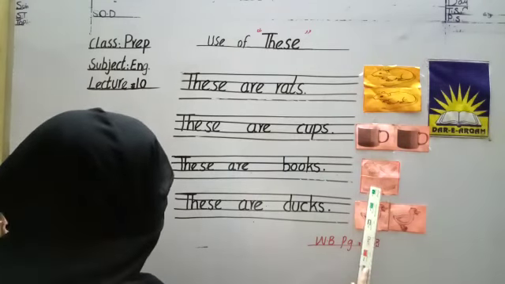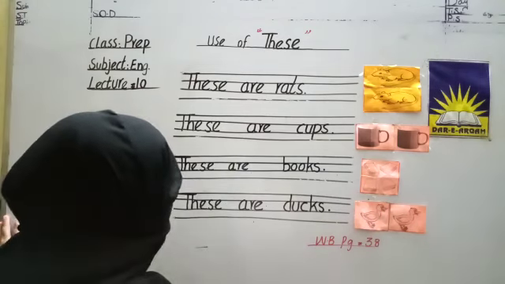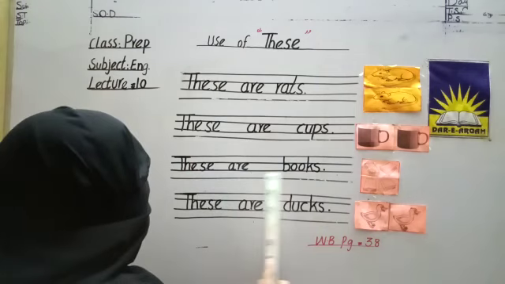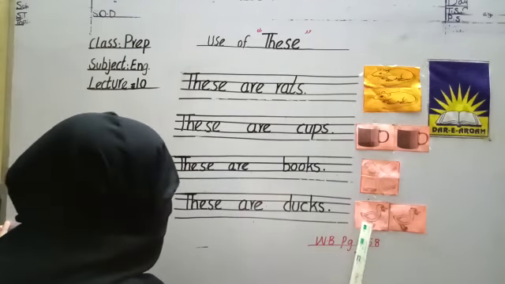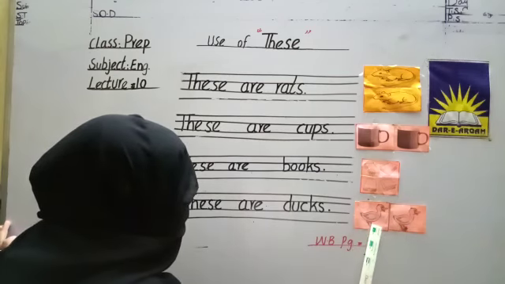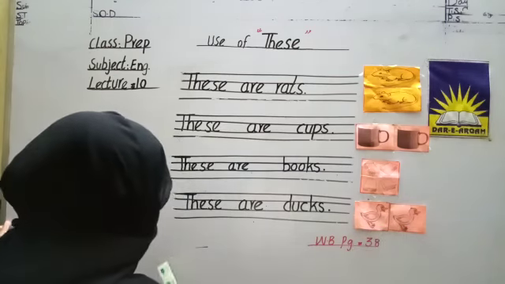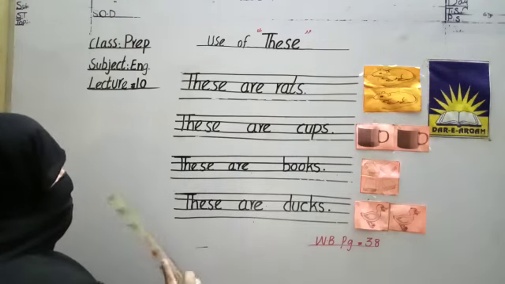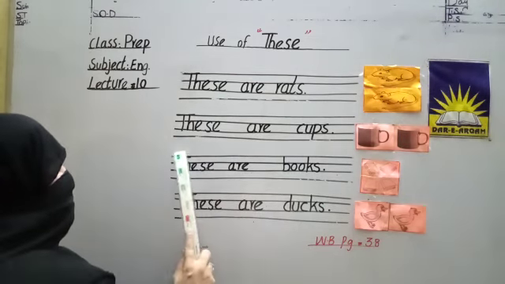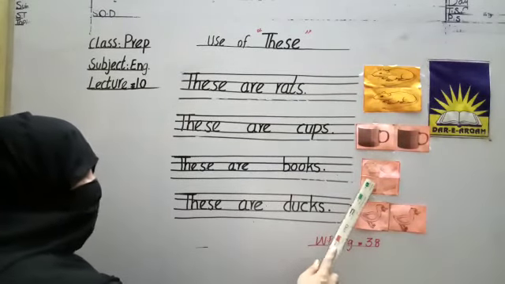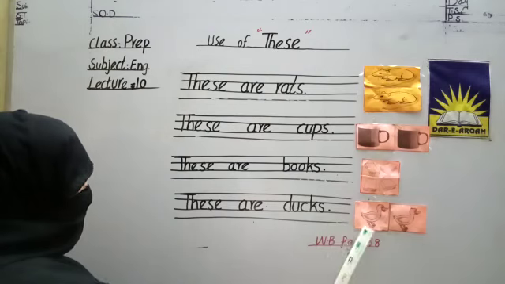Next, books. These are books. Ducks. 1, 2. These are ducks. These are rats. These are cups. These are books. And these are ducks.